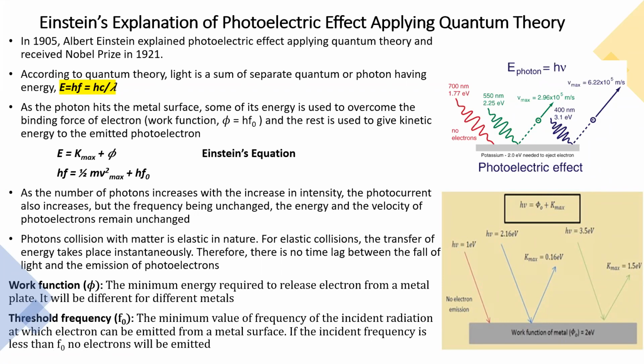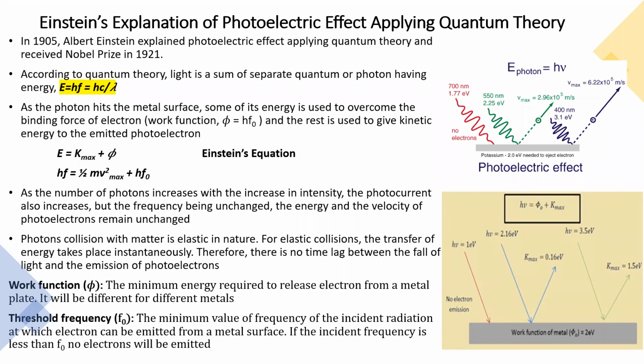And intensity can do nothing to the kinetic energy of the electrons, because it depends only upon the number of photons. If there are more photons, but all of them have less energy, will the photoelectric effect occur? No. So even by increasing the intensity, we cannot increase the kinetic energy. It depends upon the energy of individual photons, or the frequency of individual photons, not on the intensity of light.